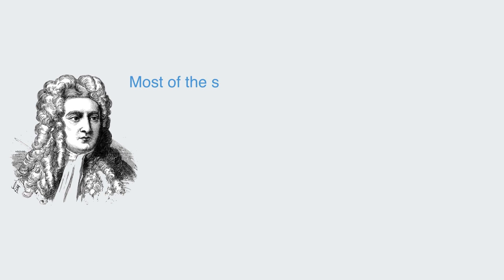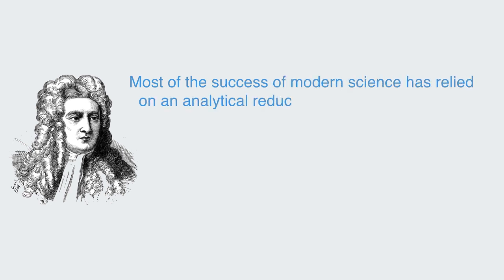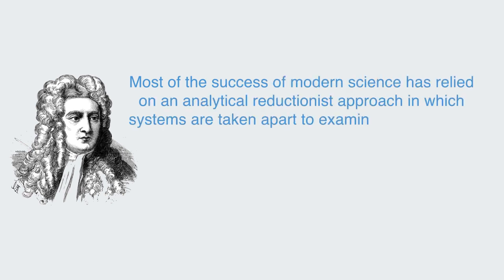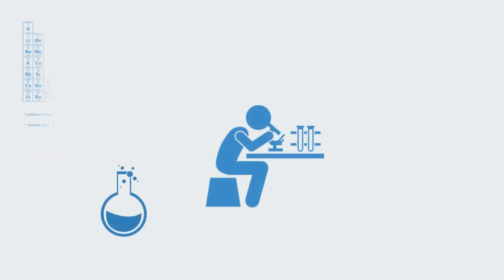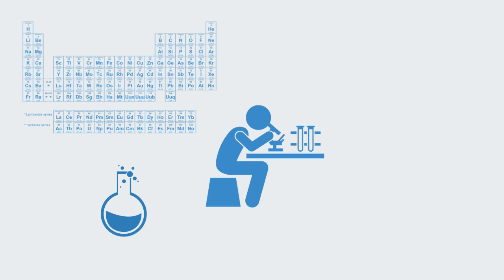Most of the success of modern science has relied on an analytical reductionist approach, in which systems are taken apart to examine the individual components and how they interact together. Historical examples are the isolation and characterization of the elements to the periodic table, and the discovery of the particles that make up atoms.